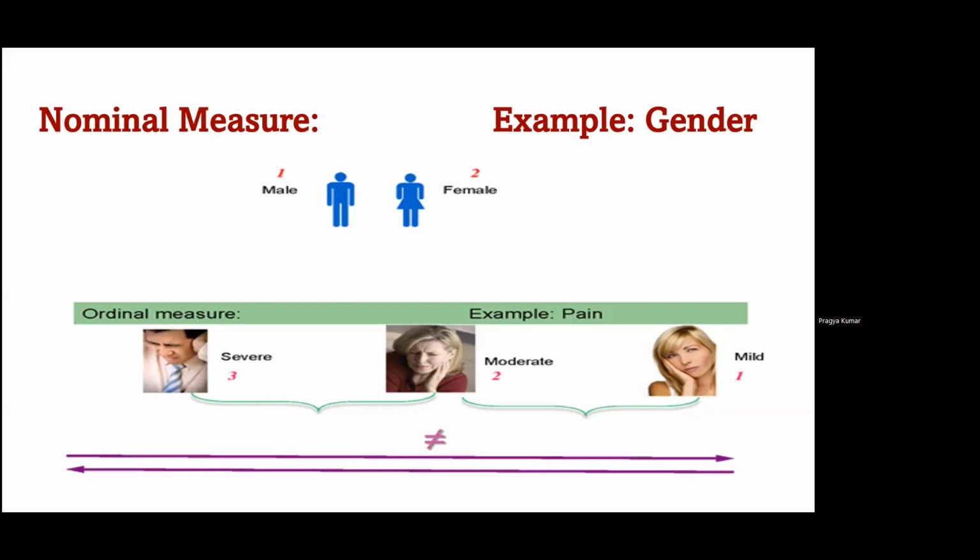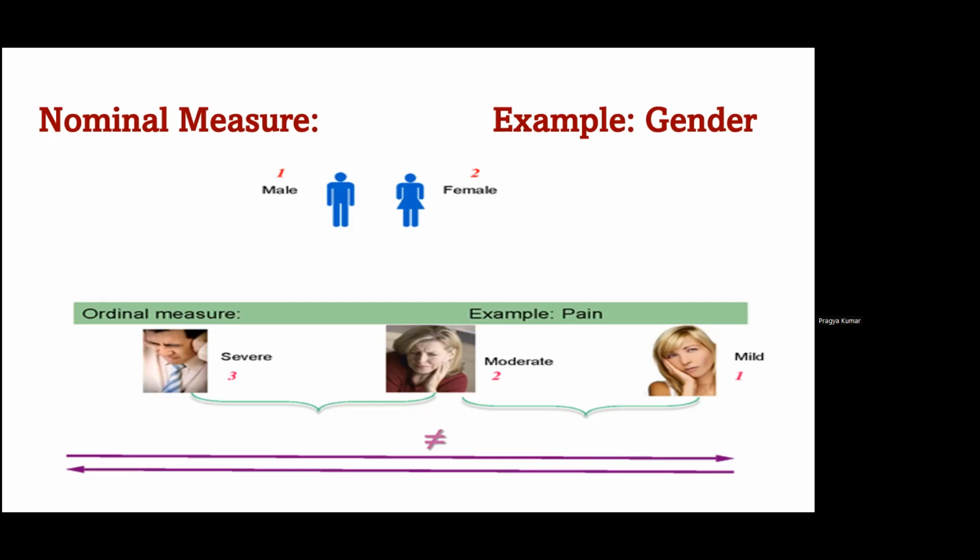That means it is a characteristic. 1 is for male and 2 is for female. But if I do 2 for male and 1 for female, by giving 2 to female, I am not meaning that the female is superior to male. It is only for convenience sake, but you can reverse the order also.